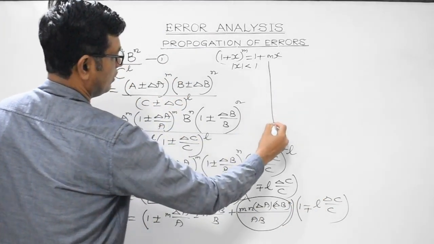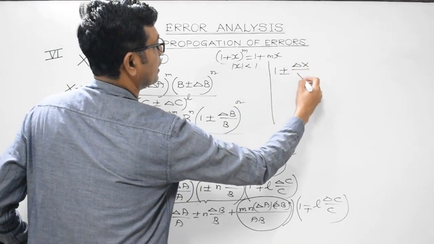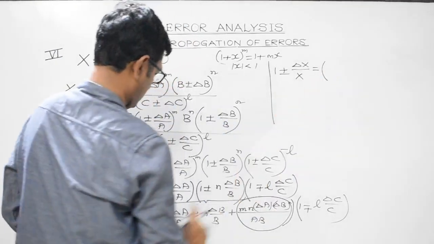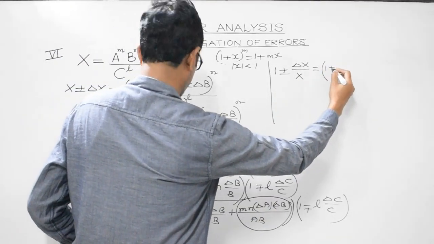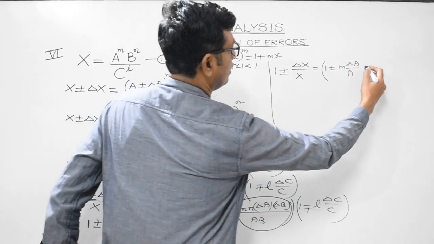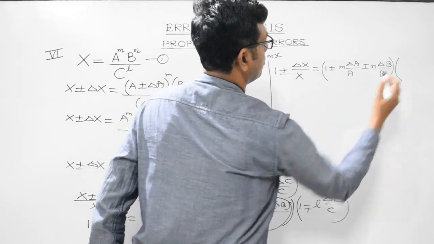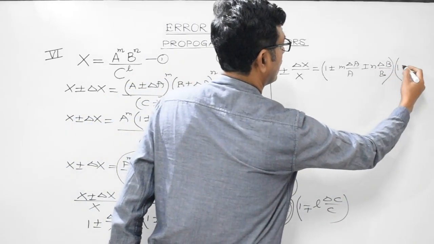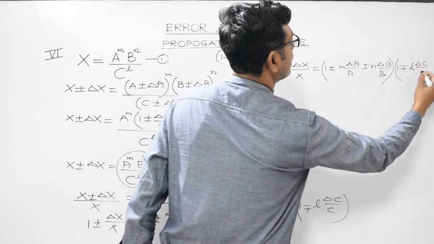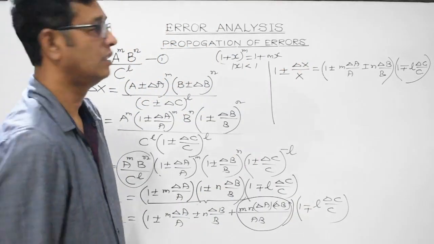So let's solve it. So what we get is 1 plus minus del x by x. It will give us 1 plus minus n del a by a plus minus n del b by b multiplied by this term 1 minus plus L del C by C. Now let's open the bracket and let's solve it.